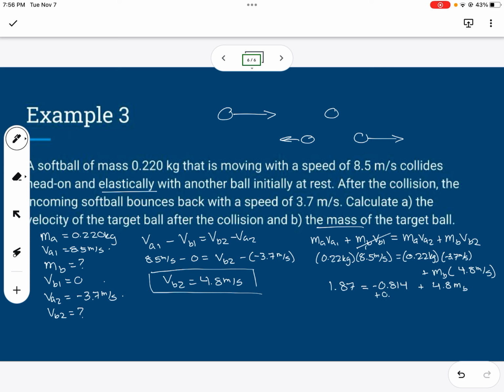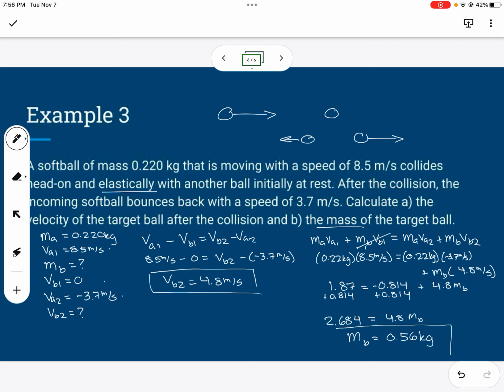So I'm going to add 0.814. We have 2.684 equals 4.8 times the mass of the target ball. Divide by 4.8. The mass of the target ball should be 0.56 kilograms.